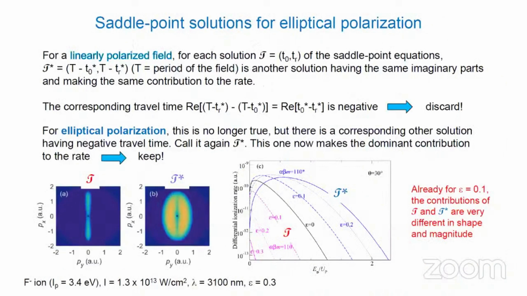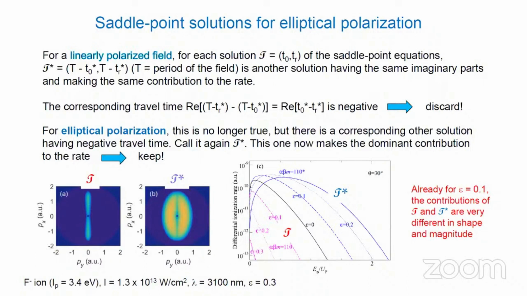And for linear polarization, if you have a solution of the saddle point equations, given here, the start time, the return time, then it's easy to show that there's a second solution, which is written down here, which is a period minus the complex conjugate of the ionization time and the rescattering time.